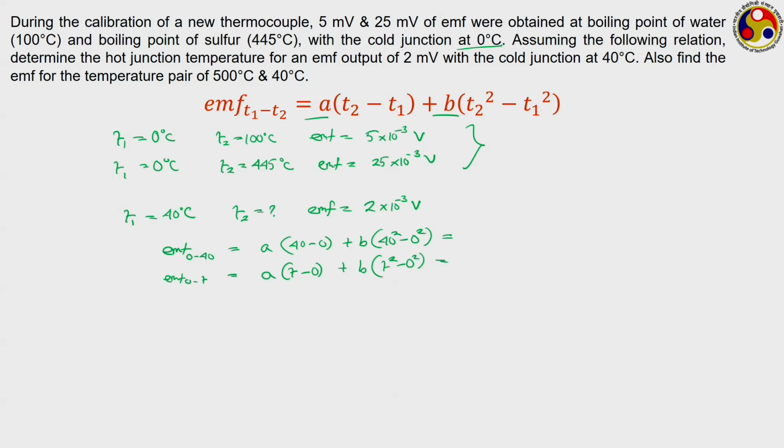Now, what we know from our previous discussion about the laws of thermocouples is that EMF corresponding to 0 to 40 plus EMF corresponding to 40 to some T should be equal to EMF corresponding to 0 to T. Here EMF corresponding to 40 to T is given.